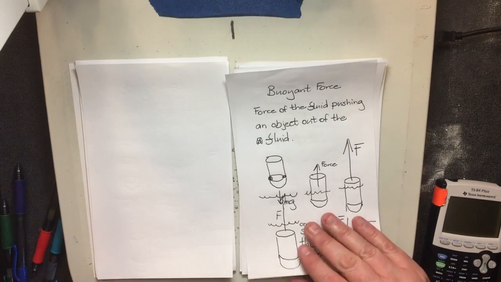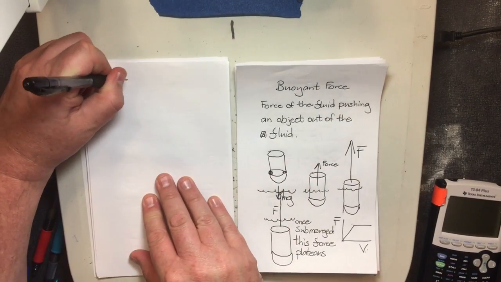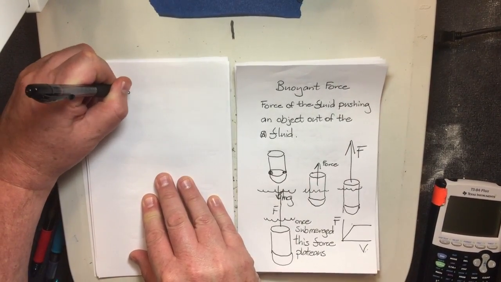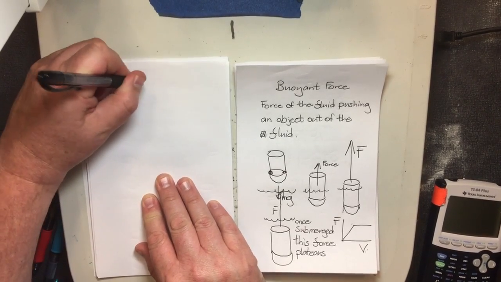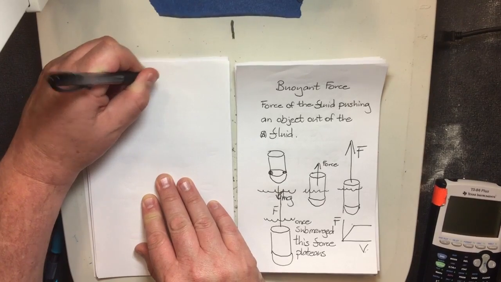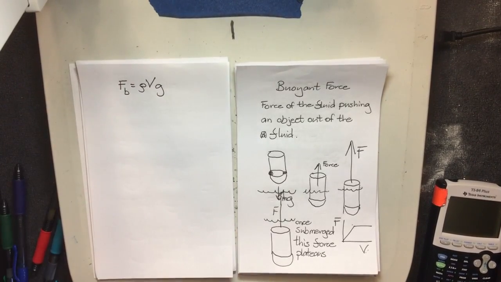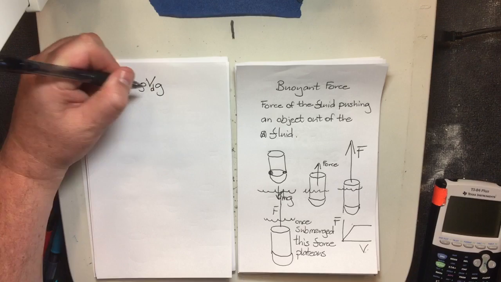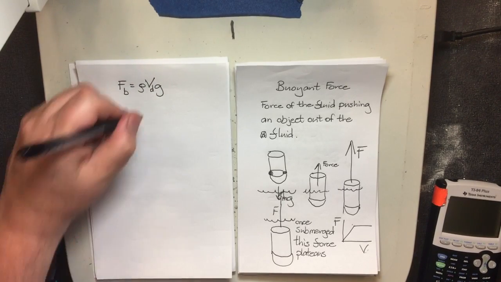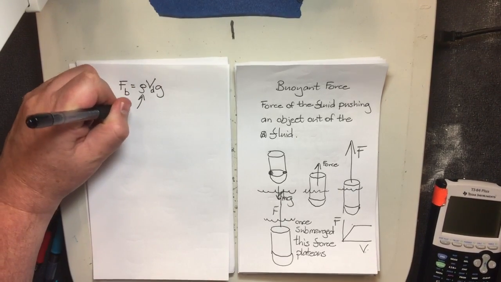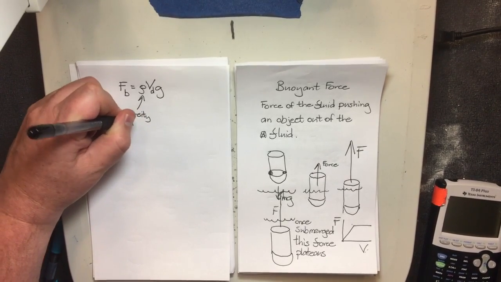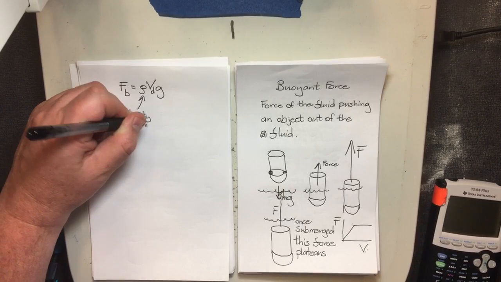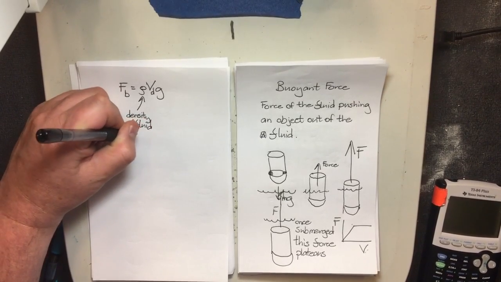This buoyant force, which we typically call F sub B, is rho V g. And typically I write V sub D. This rho is the density of fluid displaced.